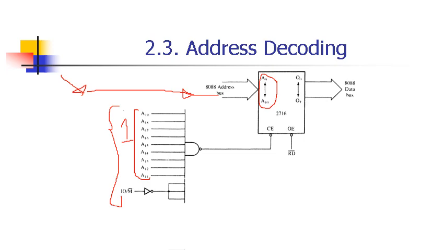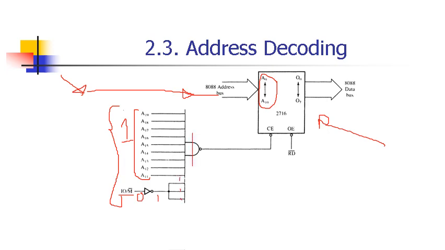In addition to this, the control pin IO/M bar, since we're talking to a memory device, has to be 0, providing a 1 through inversion. So you have an additional 1 here.